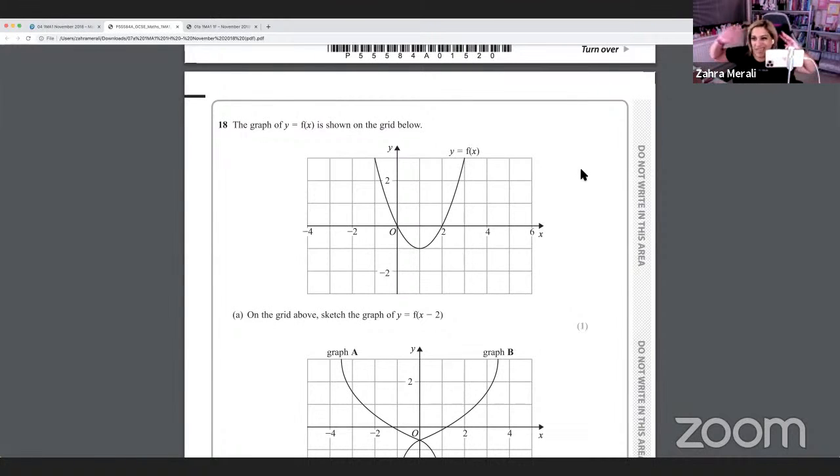They're like your ex-girlfriend, boyfriend, friend, whatever. They do the wrong thing. So if it says minus 2, it really means plus 2. So the x's are always inside the bracket. They always do the wrong thing. You're shifting it in the positive direction. So it's going to go through those two, and your graph is going to look like that.